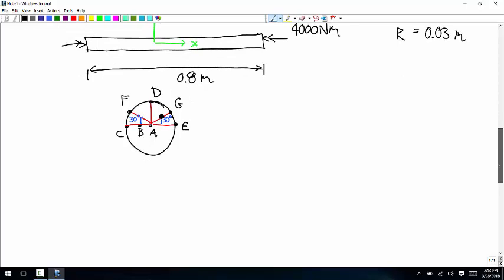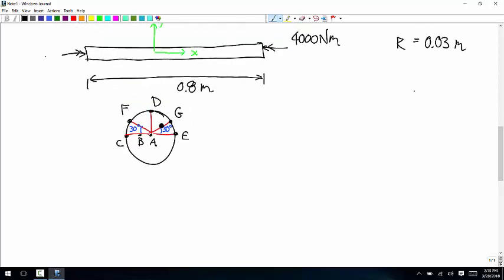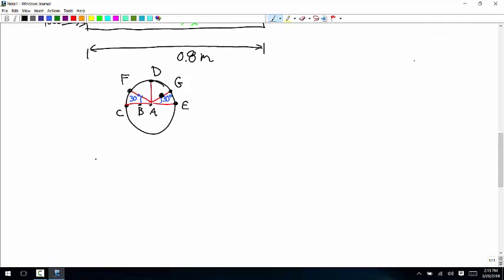All right, so first you have to calculate the internal loads. We already have the external loads. For this to be in equilibrium, this torque has to be 4,000 Newton meters. And so a cut, and it doesn't matter where you cut it, there's a 4,000 Newton meter torque there, and an internal torque there.